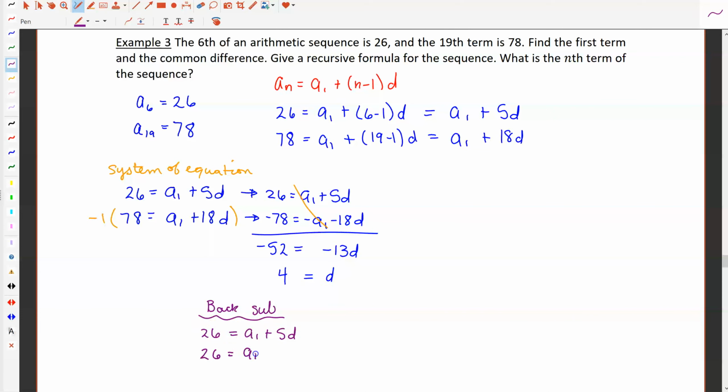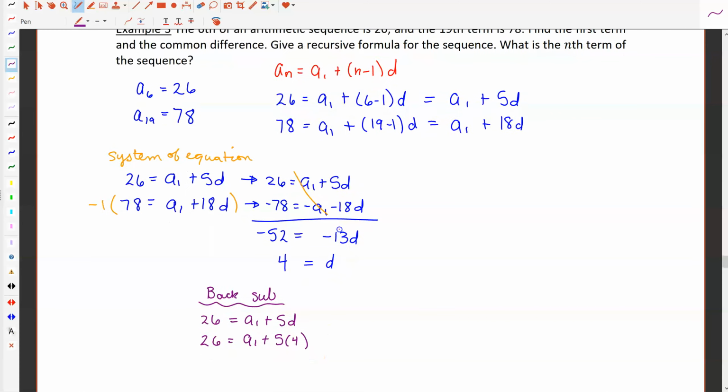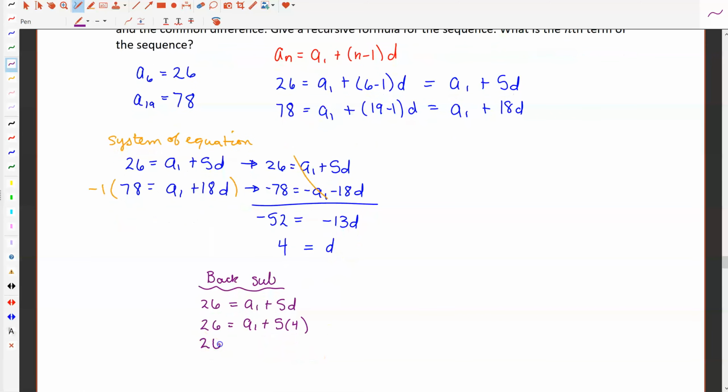All right, and all I'm going to do here is substitute in the value for d that I just found, which is 4. So I get 26 is equal to a1 plus 20. Subtract 20 from both sides, we get 6 is equal to a sub 1. All right, very cool. We just solved our system.